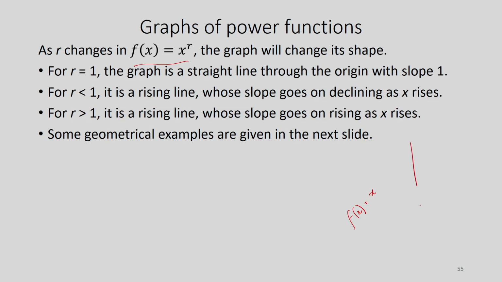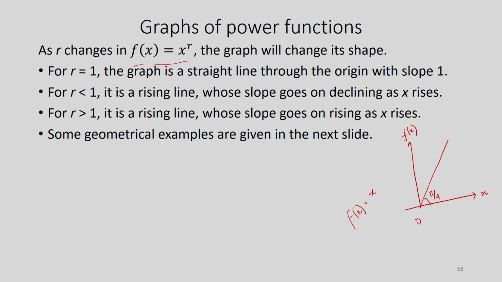So, how does this look? It is a straight line through the origin, making a 45-degree angle with the x axis. Okay. y is equal to x. So, this has a slope of 1.